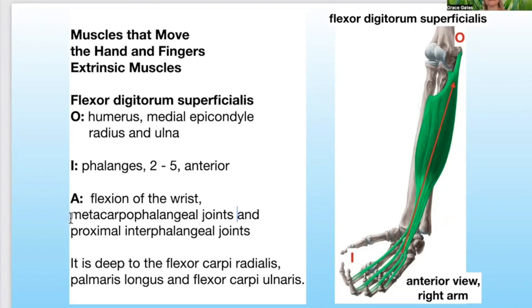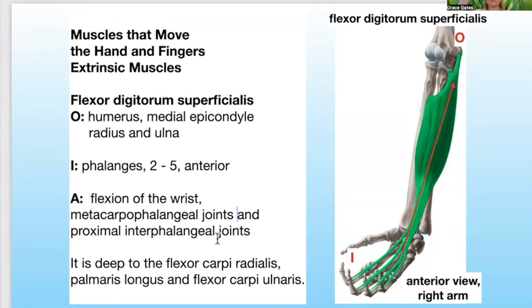Metacarpophalangeal means that these are the joints between the metacarpals and the phalanges, which are the fingers. And then interphalangeal means between the phalangeal joints. So remember, we have 2 to 3 little phalanges in each of our digits. So these are the joints that are between the 2 to 3 little bones, 2 in the thumb, 3 in each of the other fingers.